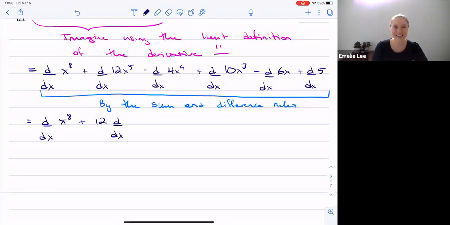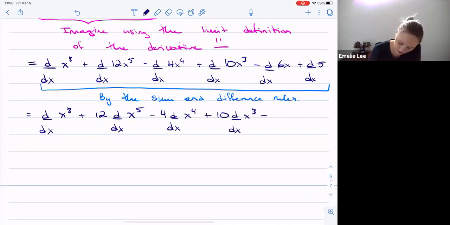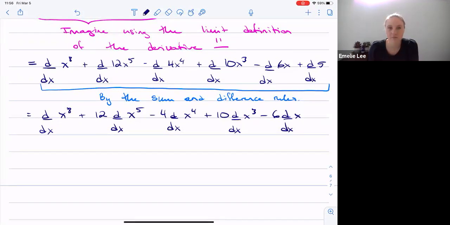Remember that d/dx, the derivative with respect to x, just clings to whatever x's there are. So 12 d/dx of x to the power of 5 minus 4 d/dx of x to the 4 plus 10 d/dx of x to the 3 minus 6 d/dx of x.